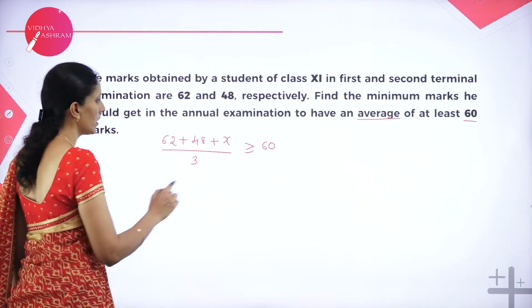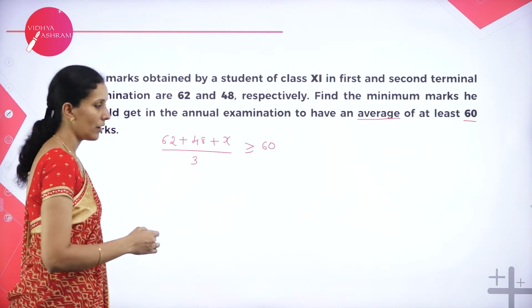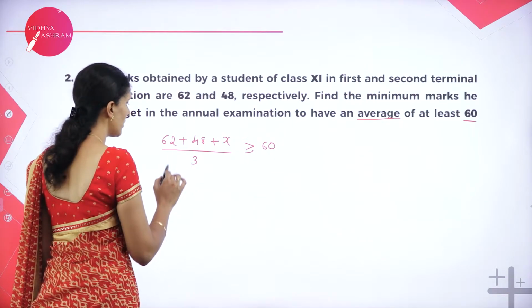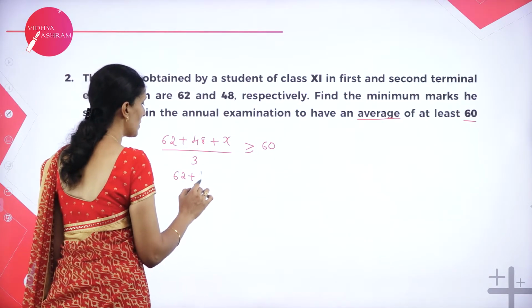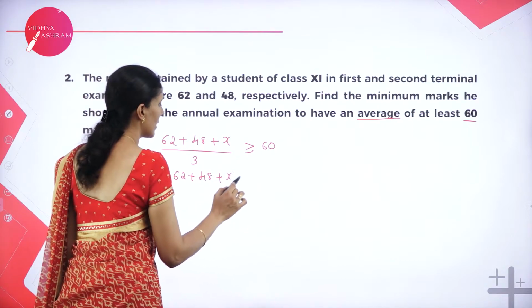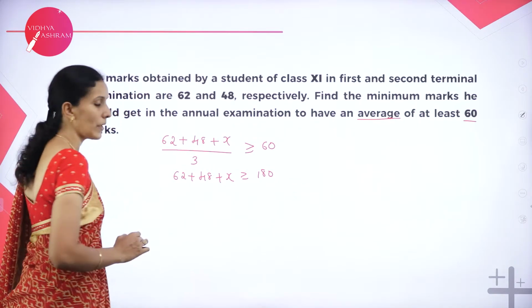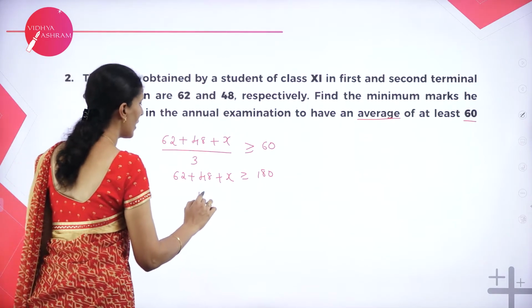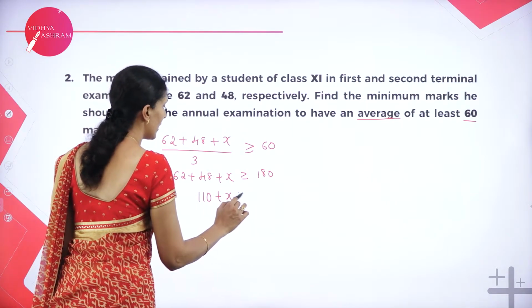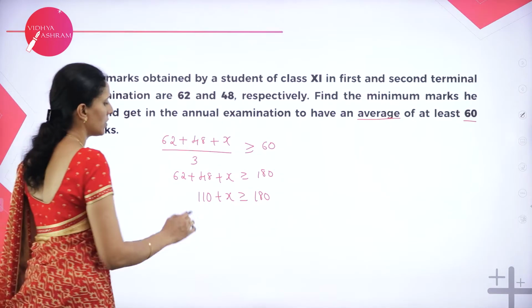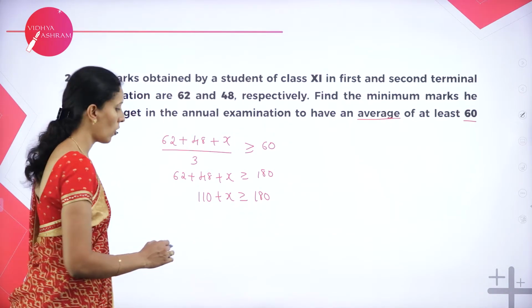Now how to solve it? To remove 3 here, multiply 3 on both sides. So here it is 62 plus 48 plus x greater than or equal to 180. Add 62 plus 48, so it is 110 plus x greater than or equal to 180. So subtract 110 on both sides.